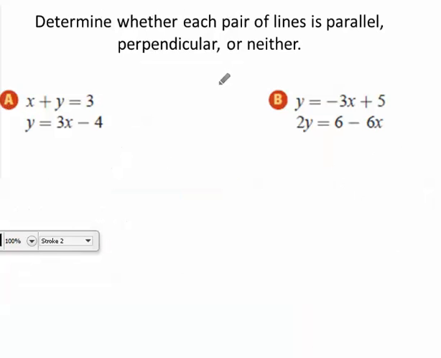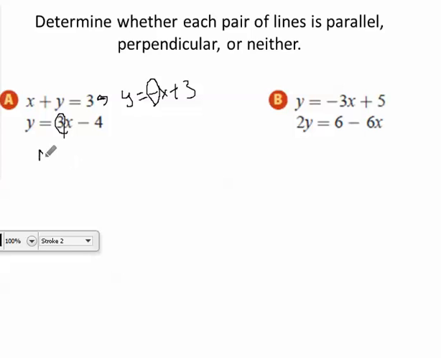Okay, let's see if these lines are parallel. They don't have them in the same format, Mr. Green. That makes it difficult. Well, I'm going to take this one here and turn it into slope-intercept form. I'm going to subtract the x from both sides, and I'm going to get y is equal to negative x plus 3. So is negative 1 equal to 3?